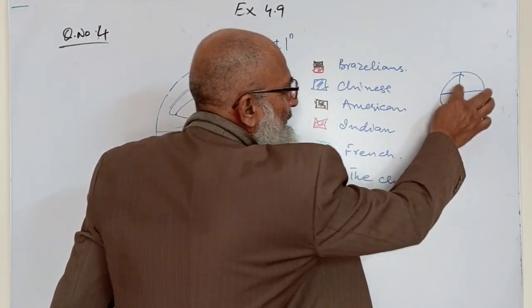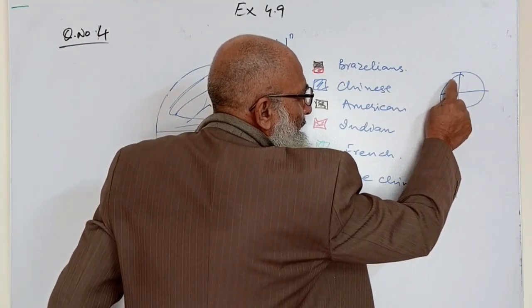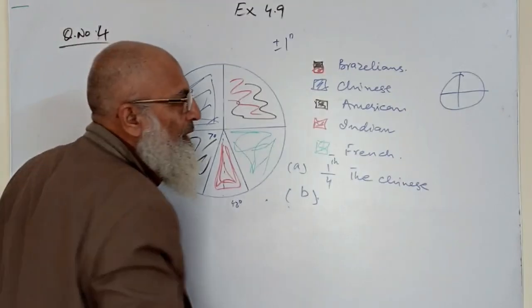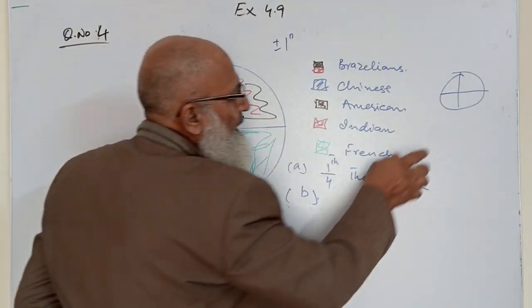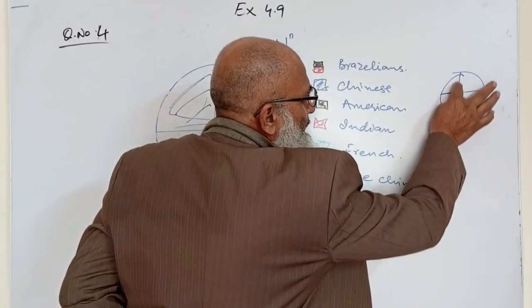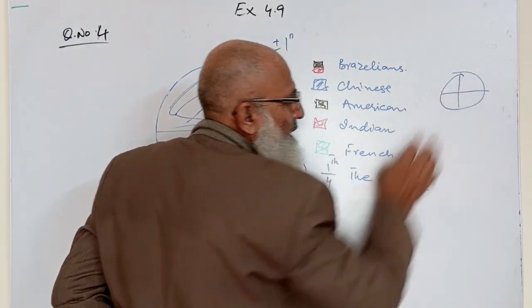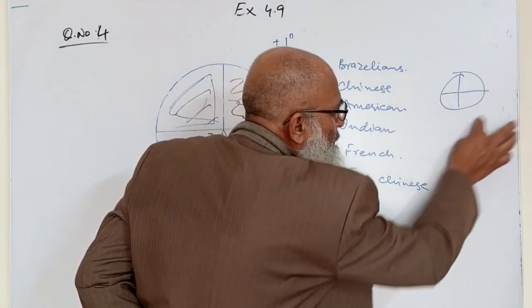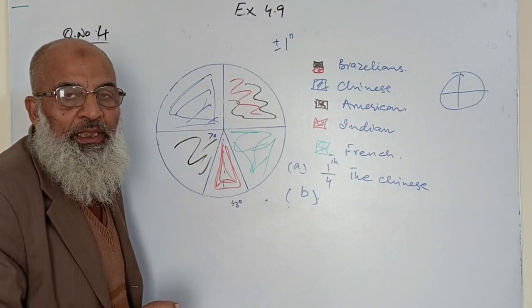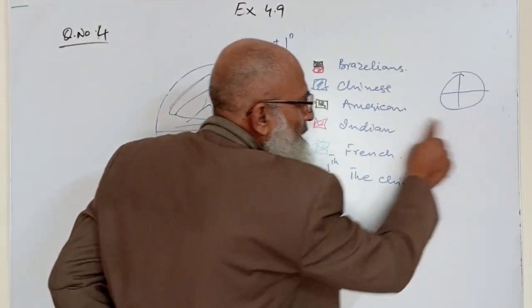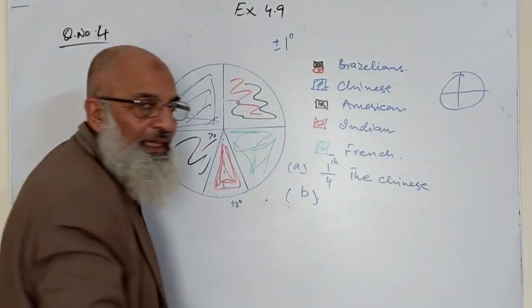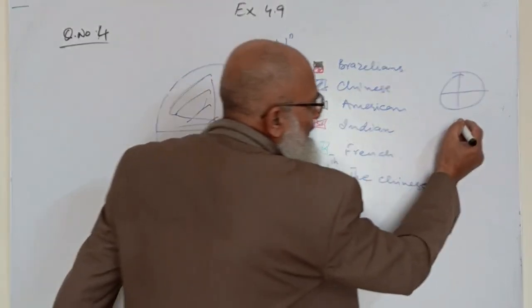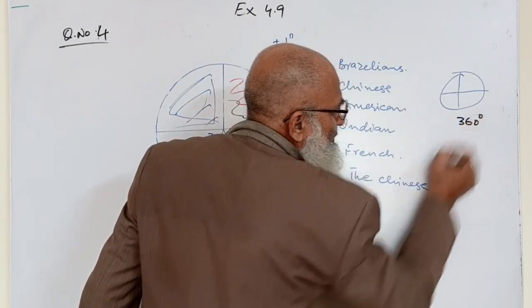That means if one is 90 degrees, then automatically the other one is 90 degrees. And therefore, this one sector is 1/4 of this whole circle, because in a circle there are 360 degrees.